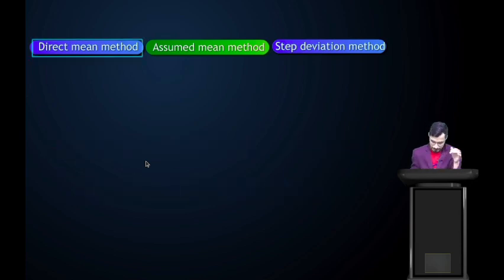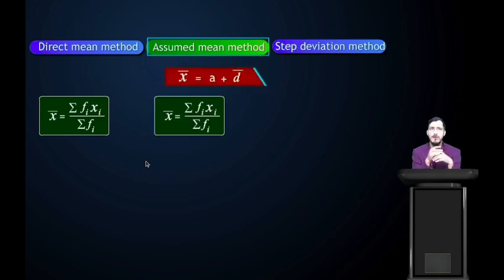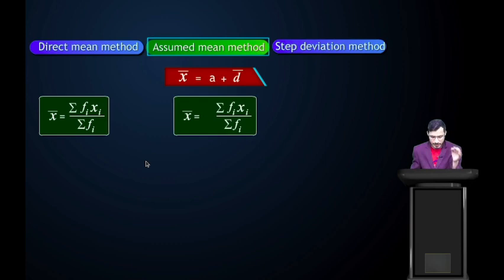Now the formula of the direct mean method is x bar is equal to sigma fx divided by sigma f. In the second method, the assumed mean method, the basic formula is x bar is equal to sigma fd by sigma f, plus a.